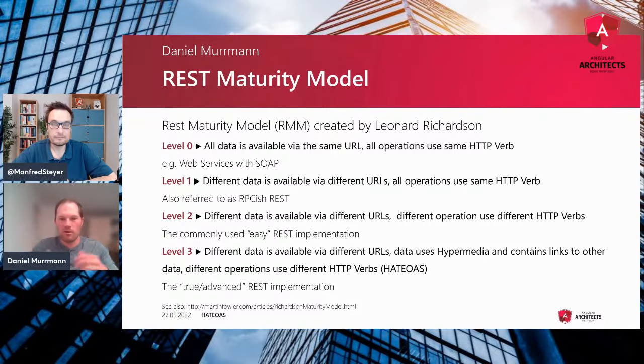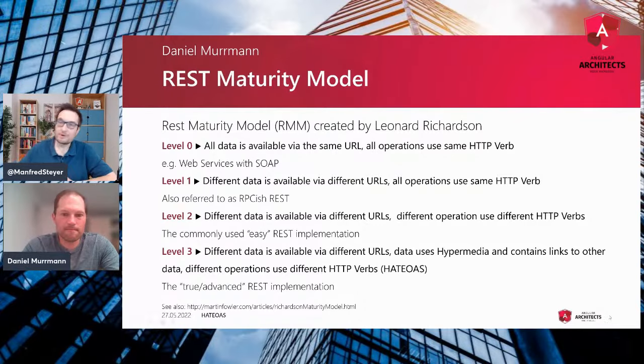They form a URL which ends with, let's say, a word, something like get user, and then have the parameters at the end. This is something which Leonard calls RPC REST here in level 1. What we want to do is create URLs to data, use the right verbs, and retrieve this data using hypermedia. That's the idea behind level 3 REST services.